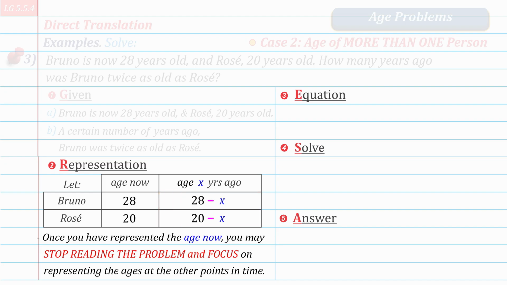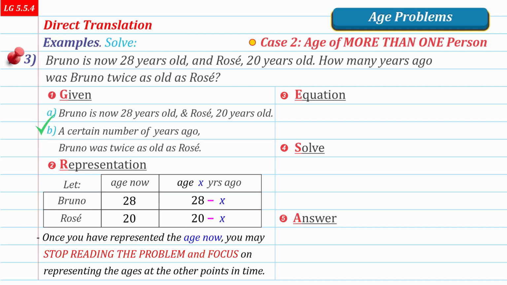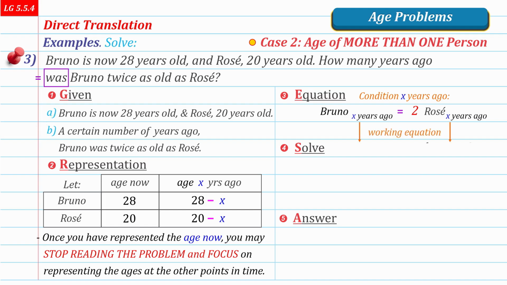Now let's translate the past condition. So according to the problem, Bruno's age X years ago was, make sure you put an equal sign with "was", 2 times Rosé's age X years ago. So that means this will be the basis equation for our mathematical equation that we need to solve.